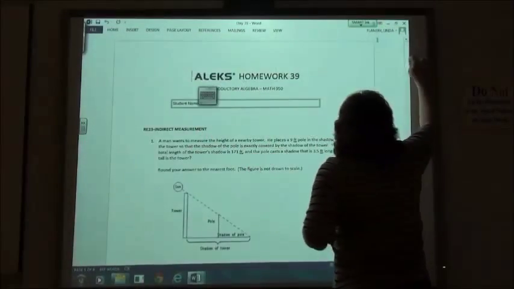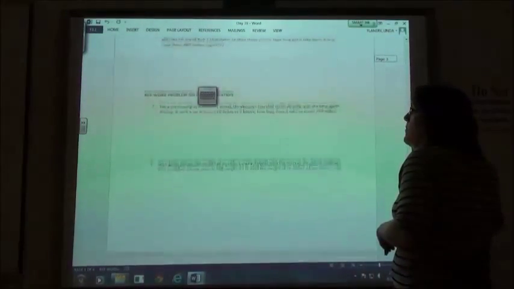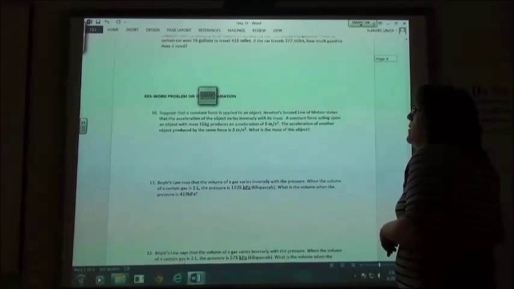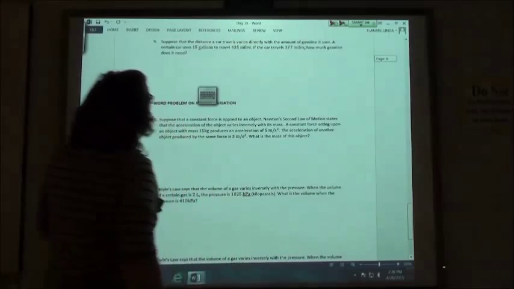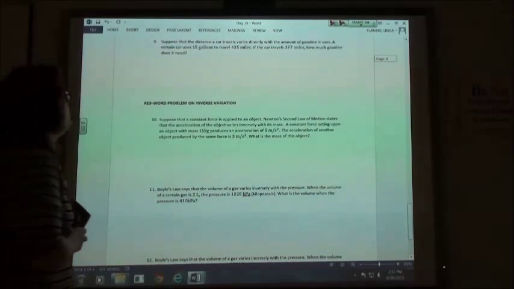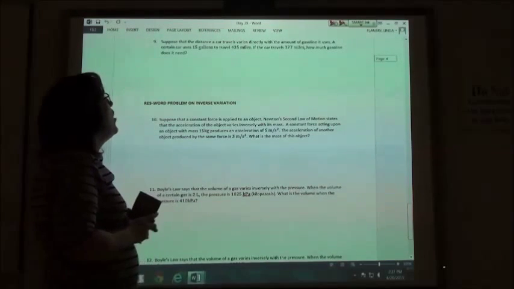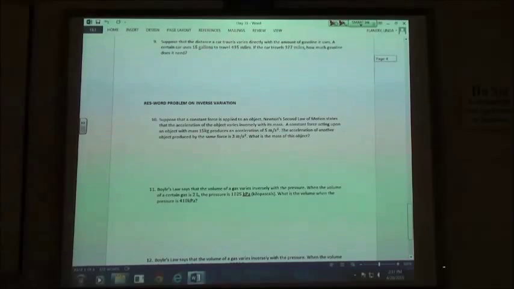Number 9, same kind of thing, if I can find number 9 here. Suppose that the distance a car travels varies directly with the amount of gasoline it uses. A certain car uses 15 gallons to travel 435 miles. If the car travels 377 miles, how much gasoline does it need?